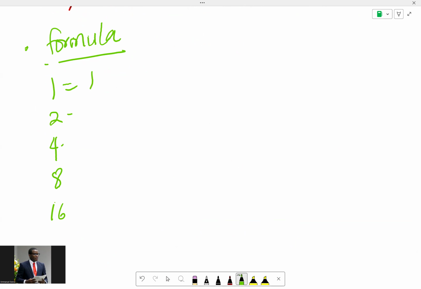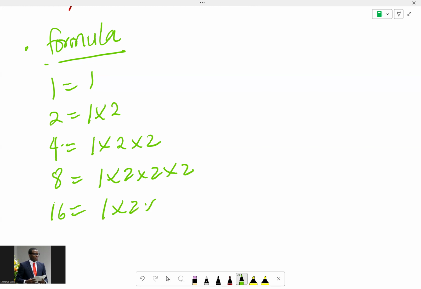This is 1, and then this is 1 times 2, and this is 1 times 2 times 2, this is 1 times 2 times 2 times 2, and this is 1 times 2 times 2 times 2 times 2.